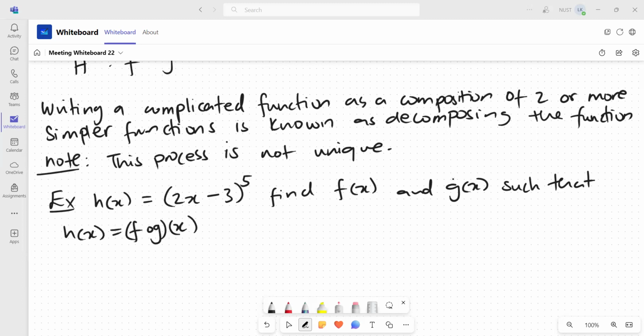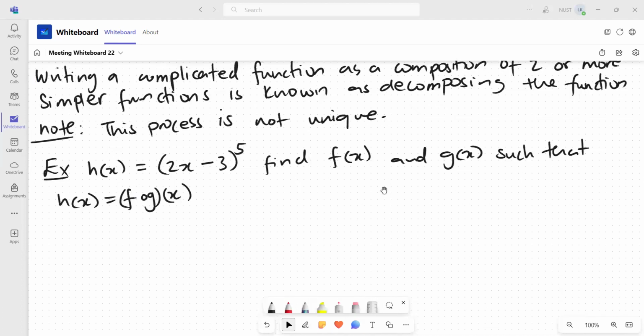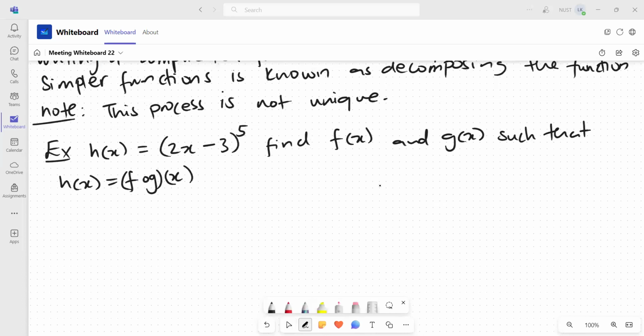So what we want to do is break down h into two functions that when we compose those two functions together, they give us h of x. So one simple way to do this is f of x equal to x to the power of 5, and then g of x is equal to 2x minus 3.